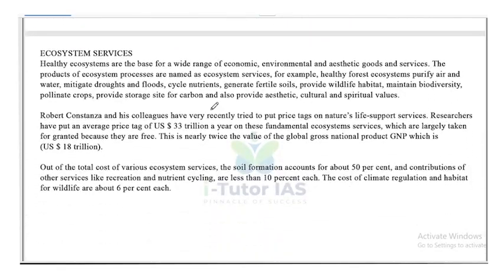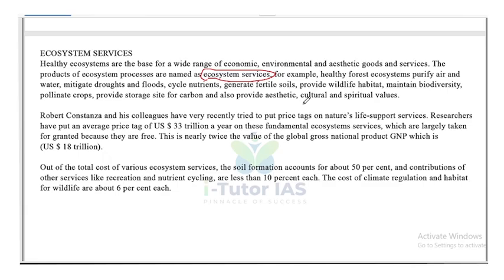Now we'll see what ecosystem services are. Healthy ecosystems are the base for a wide range of economic, environmental and aesthetic goods and services. The products of ecosystem processes are named ecosystem services.